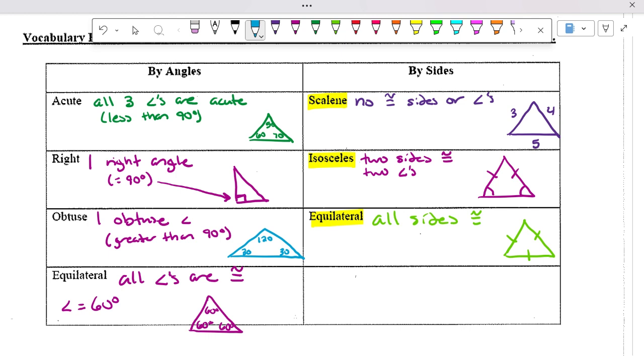So typically when you name a triangle, you name it by its type of angles first and then its sides second. Now, if it's an equilateral triangle, it's not going to have acute, right, or obtuse in it. It's just equilateral. Equilateral is the only exception.